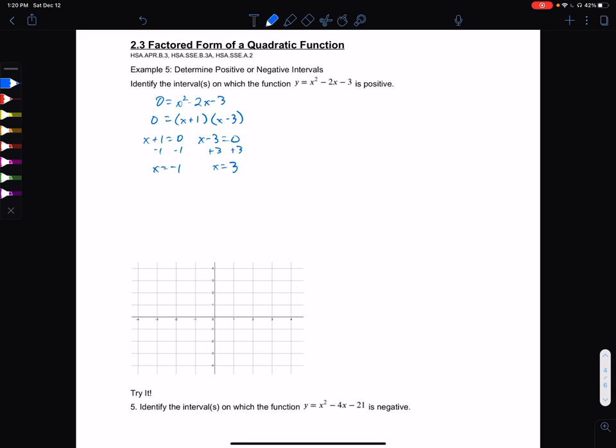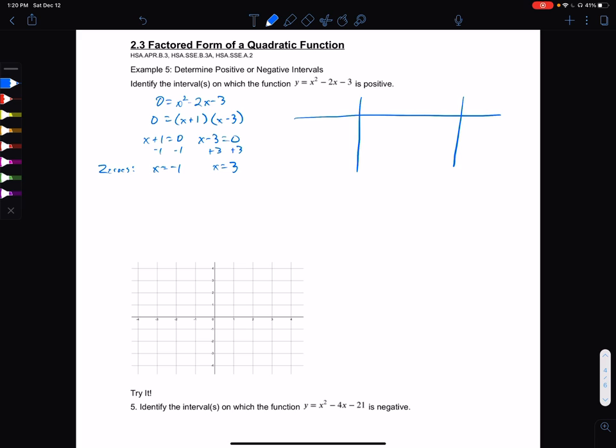So what that tells me is that these two are the zeros. So I have x equals negative 1 and 3, which tells me there's going to be 3 intervals. I'm going to make a little chart here.